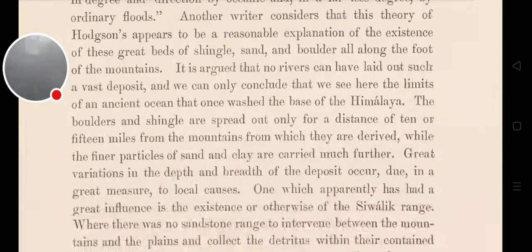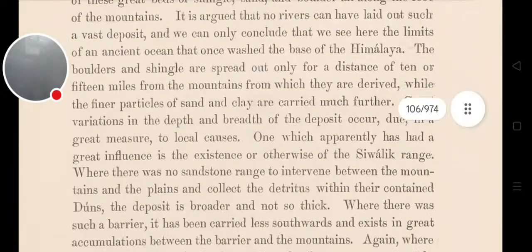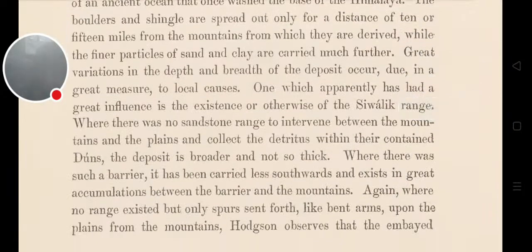The boulders and shingle are spread out only for a distance of 10 or 15 miles from the mountains from which they are derived, while the finer particles of sand and clay are carried much farther. Great variations in the depth and breadth of the deposit occur due, in a great measure, to local causes.